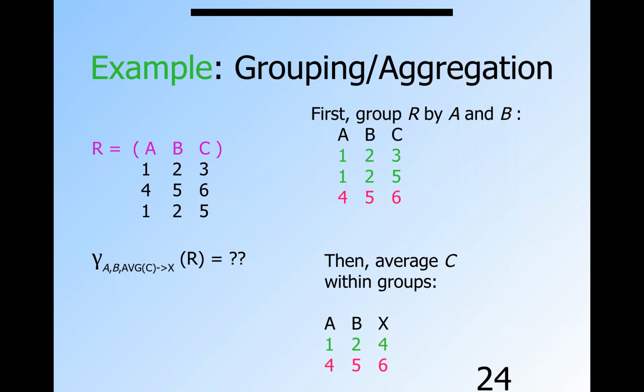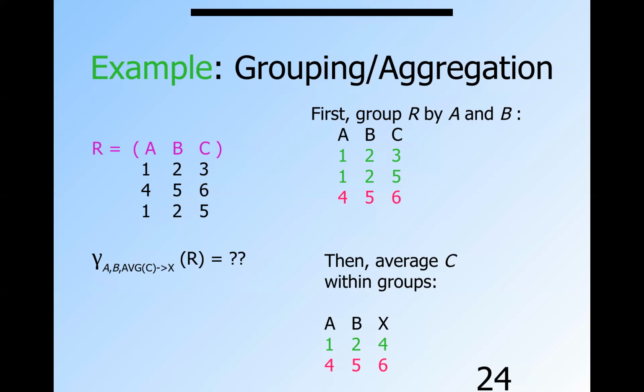Does gamma always delete duplicates by sorting? Yes, you could say so, because the groups are under a set semantics, so it will squash down all the duplicates.